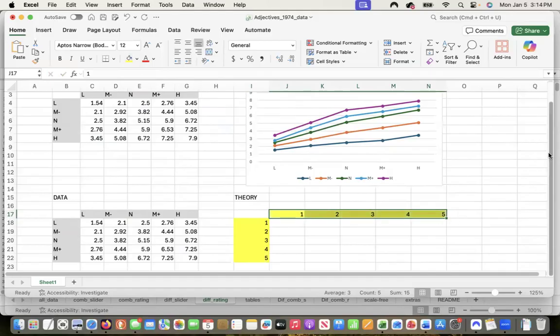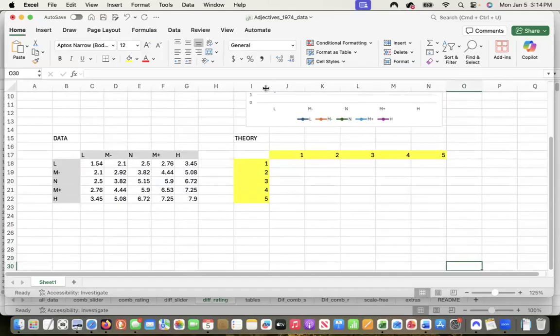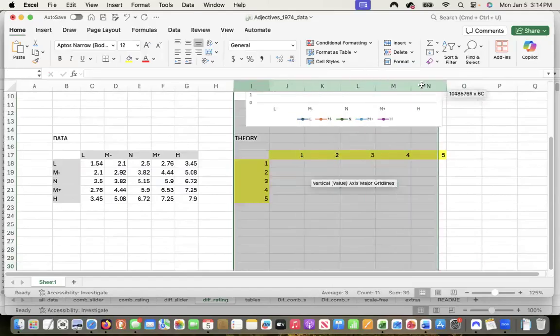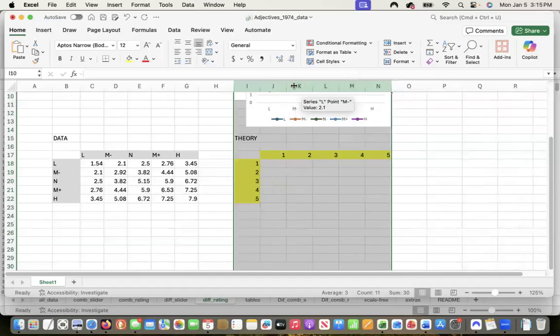And the basic idea is we're trying to see, are there numbers instead of 1, 2, 3, 4, and 5, but maybe some other numbers that we can find? Can we find some numbers such that the sum of these two numbers produces the same rank order as the data?